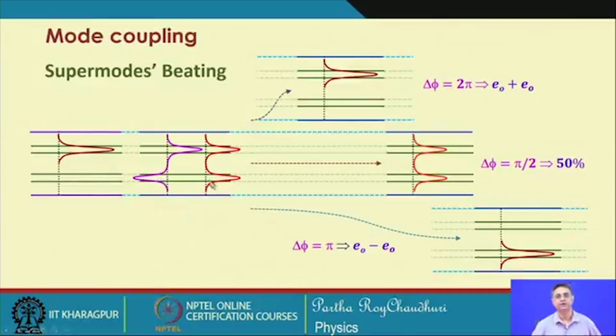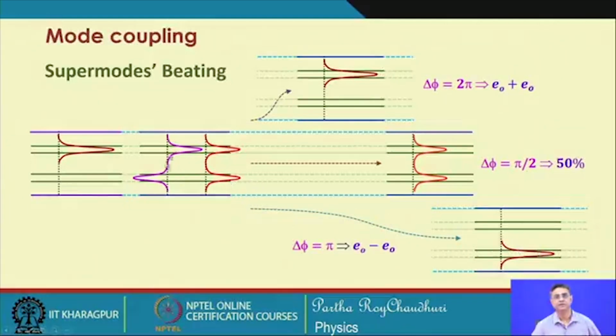Therefore, they will develop a phase difference as they travel down. When the phase difference is pi, you have to subtract this mode from this mode, which will add these two but subtract these two and make it 0. This will be added up, and you get the entire field in the second waveguide.